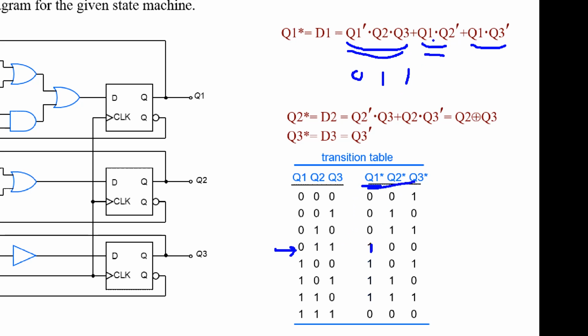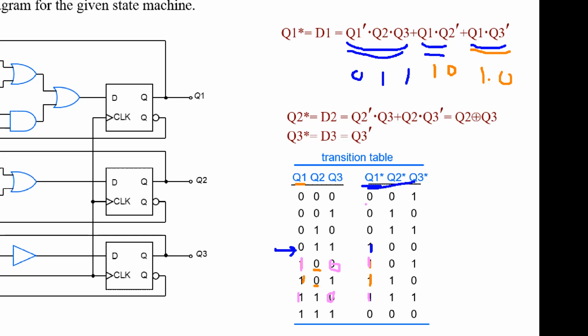And this term, Q1 is 1, Q2 is 0, so Q1 star will be 1. And this term, Q1 is 1, Q3 is 0, 1, 0, so it's 1 here.